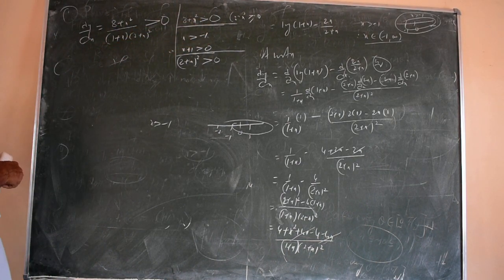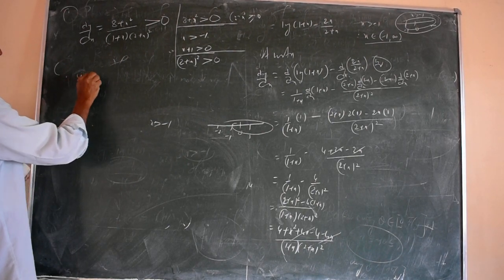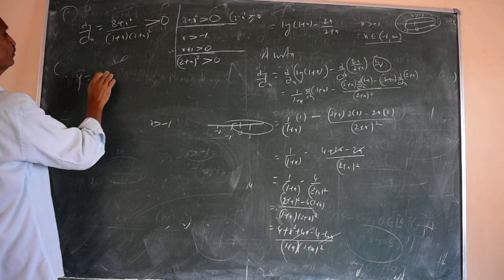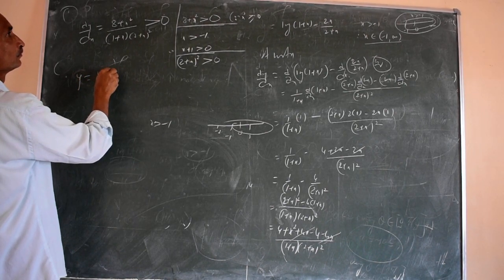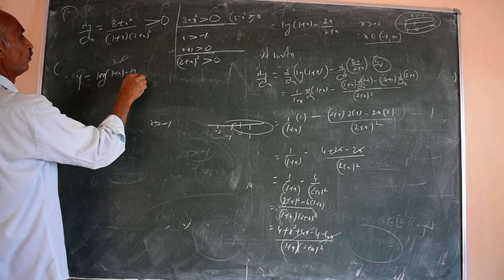That's why y is equal to that function. What is that function? Log of 1 plus (6 minus 2) upon 2x.